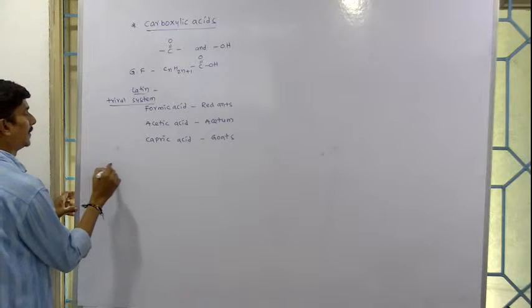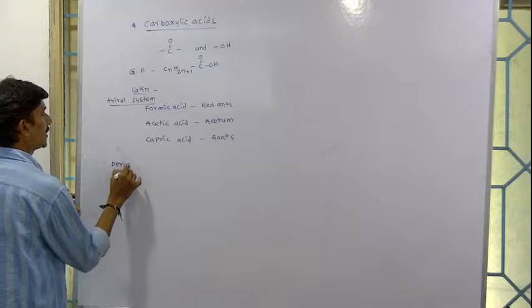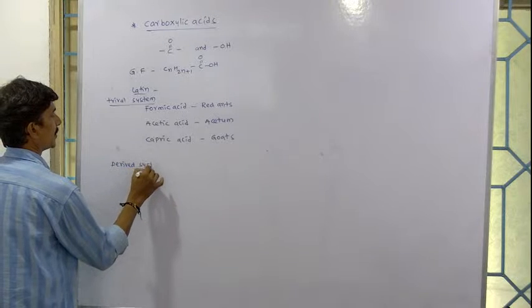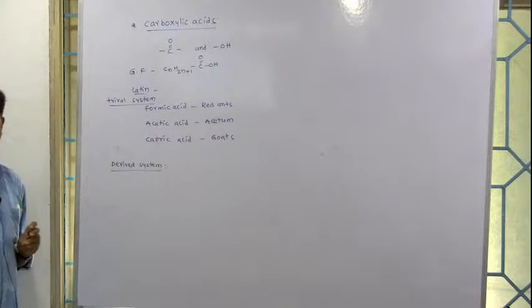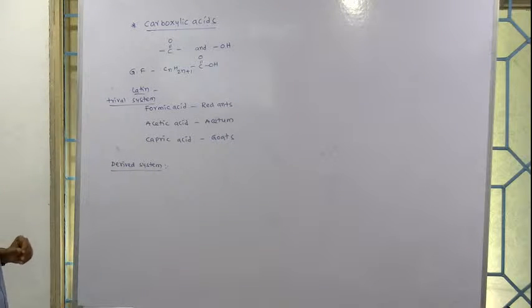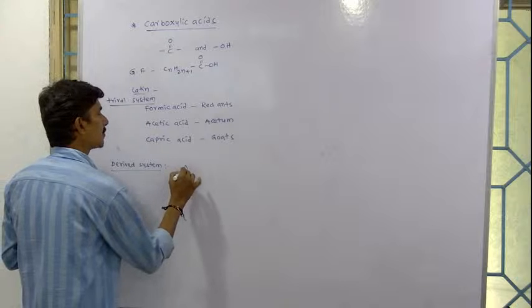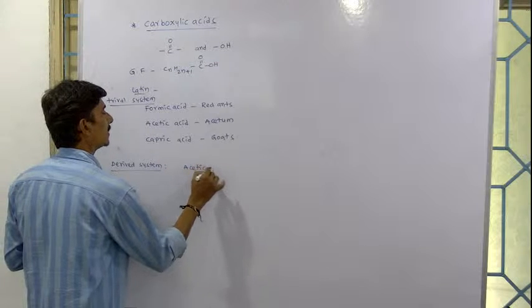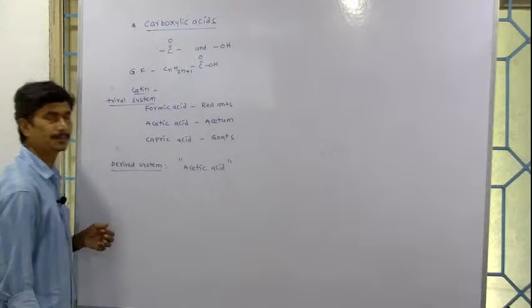Another one, derived system. These carboxylic acids are treated as derivatives of the acetic acid.